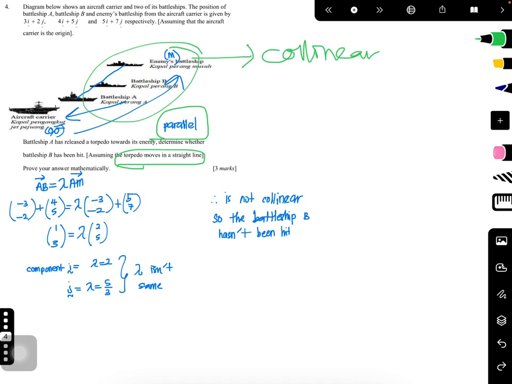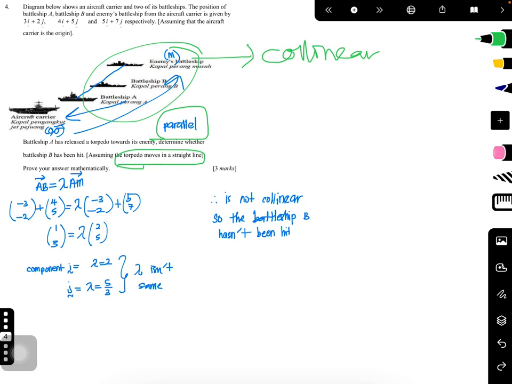But we have proved mathematically that battleship B hasn't been hit because battleship A, battleship B, and the enemy's battleship are not collinear. For component i, the lambda is 2, and for component j, the lambda is 5/3.